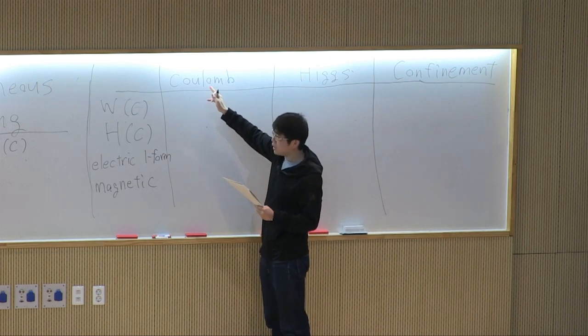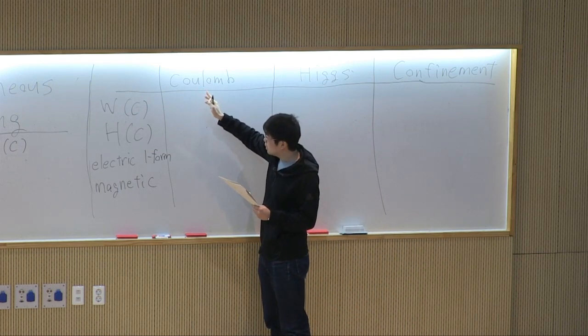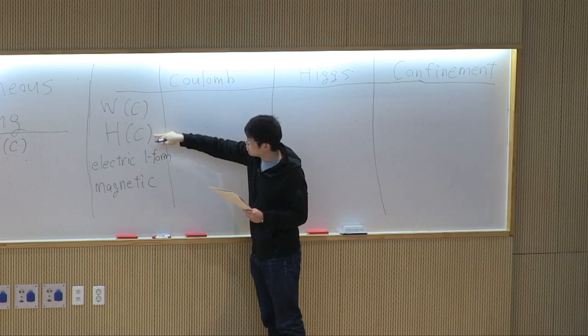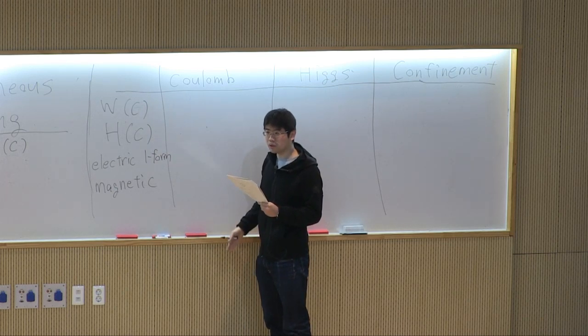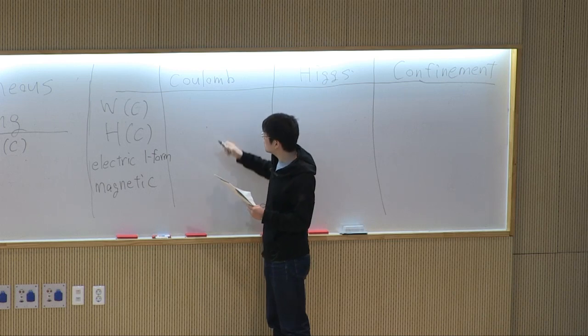So in the Coulomb phase, this Wilson loop and the 't Hooft loop do not show any area law.